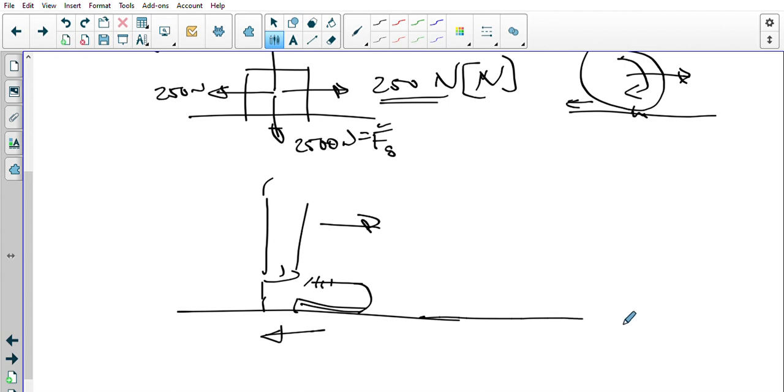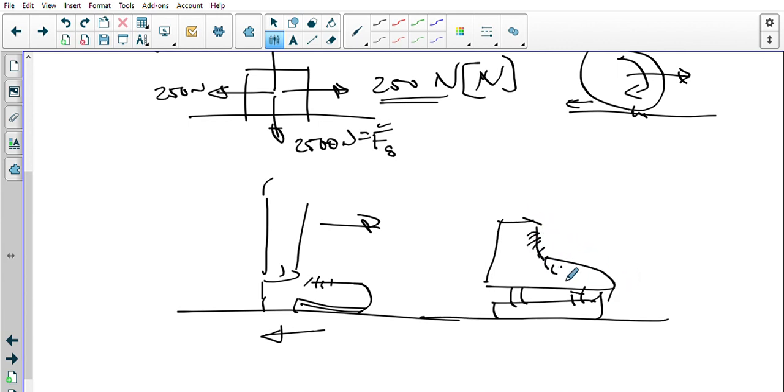Think of the last time that you wore hockey skates. Hockey skates look like this. Did you ever try to walk on hockey skates?